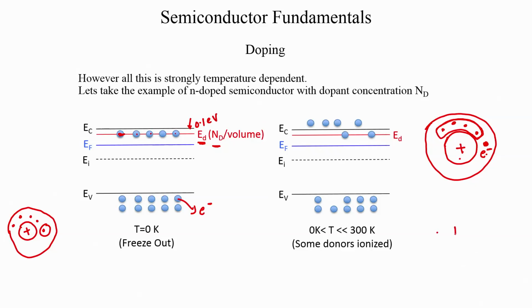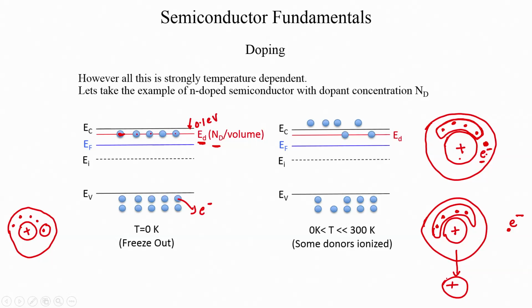But the moment you pull that electron away, it gets into the conduction band, and the entity is now positively charged and fixed, whereas the negatively charged electron has moved away.